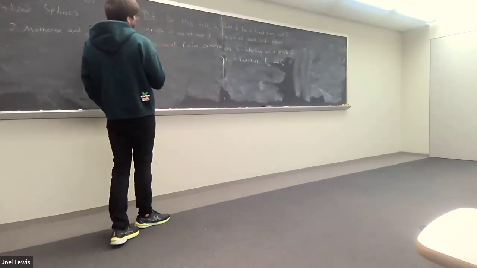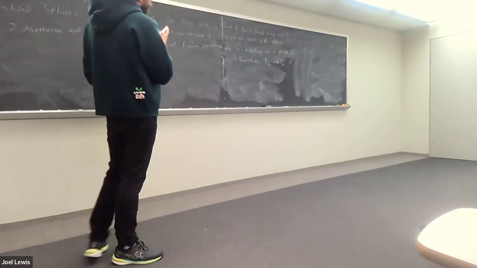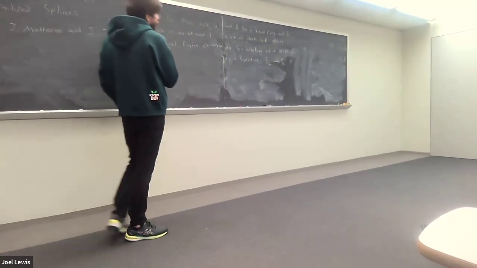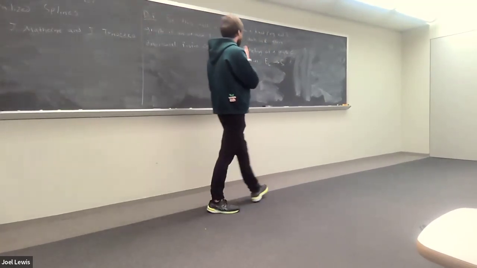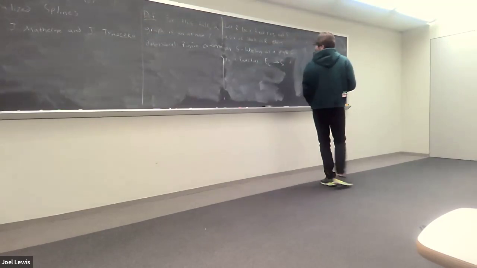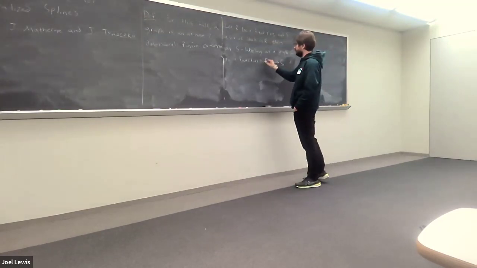As you might expect, an S-labeling is literally me labeling the edges of my graph with ideals coming from S. So I'm usually going to denote this by something like alpha.